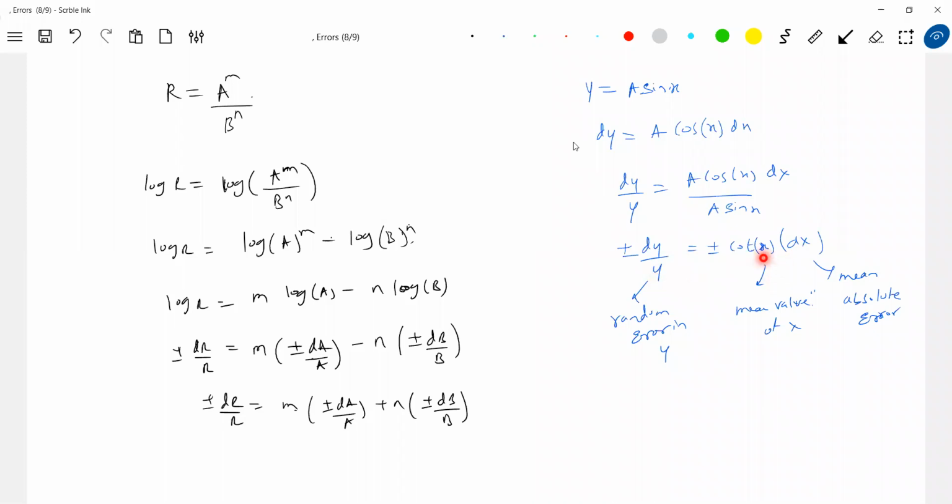The mean value of x and also the mean absolute error in x. It got propagated in a totally different way. Earlier we said relative errors are additive in multiplication and division. In addition and subtraction, mean absolute errors are additive. What about here? The random error in y depends on the mean value and also the mean absolute error. So it can propagate in any way. There's no rule that it should be like this only.